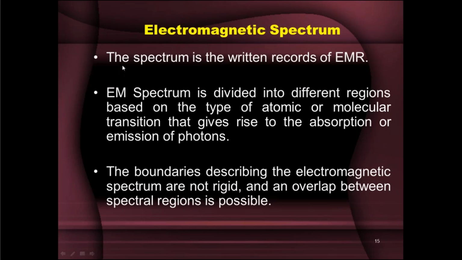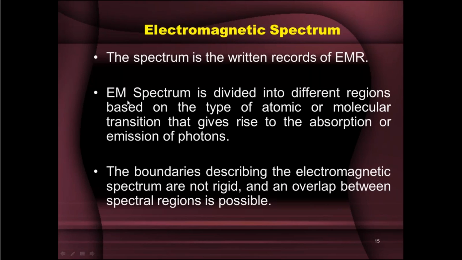So our next topic is the electromagnetic spectrum. The spectrum is the written record of electromagnetic radiation. The electromagnetic spectrum is divided into different regions based on the type of atomic or molecular transition that gives rise to the absorption or emission of photons.